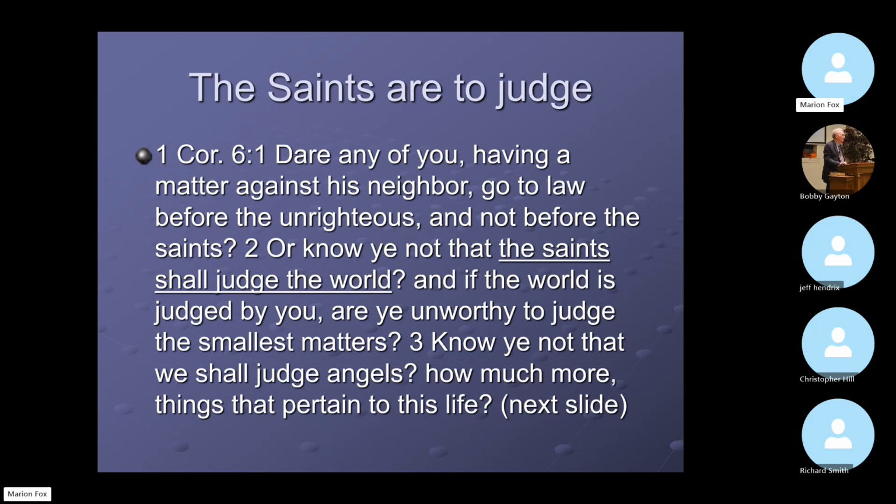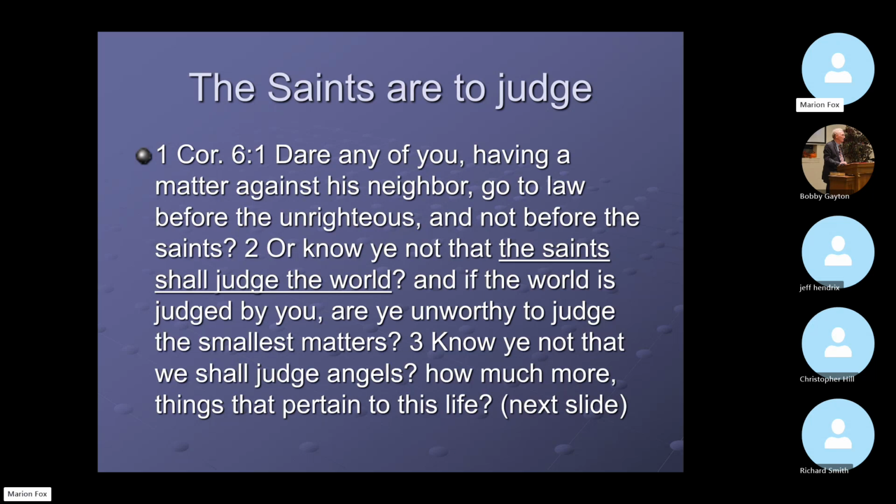I would see the judging of angels as different than something that pertains to this life. So we shall judge angels, and much more things that pertain to this life.